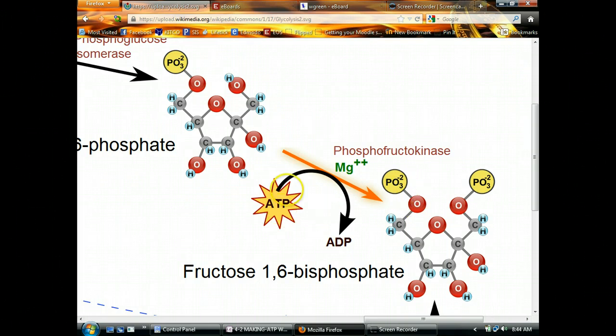Look at what we've done. We've actually used energy to do this. See, it's ATP going to ADP. So that gave off energy. We've used it. So we haven't made the ATP yet, right?